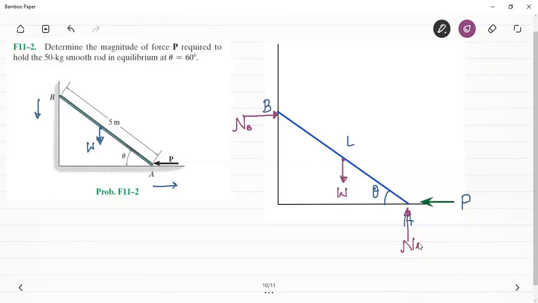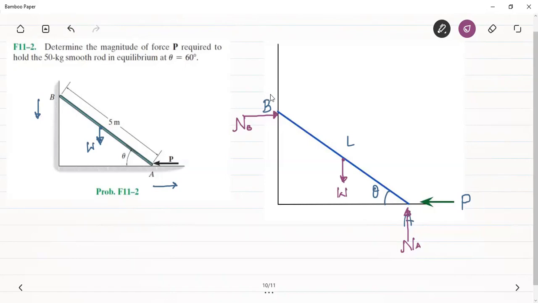Now let's give some virtual displacement, because in the principle of virtual work we have to give certain virtual displacement. Let us say that we are giving the virtual displacement in this direction, that is this point A is shifting towards left, and when this point A is shifting towards left, this point B will get raised.